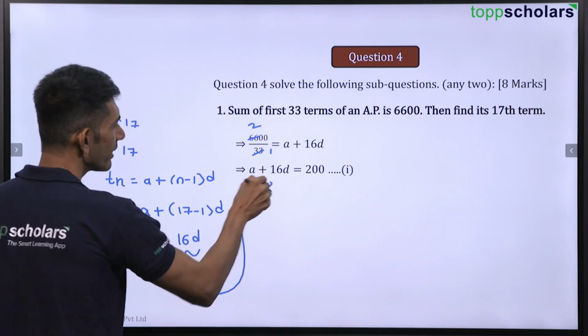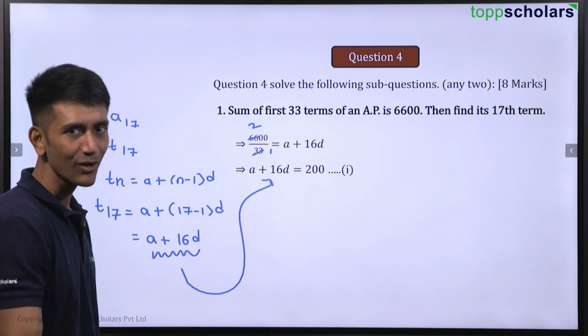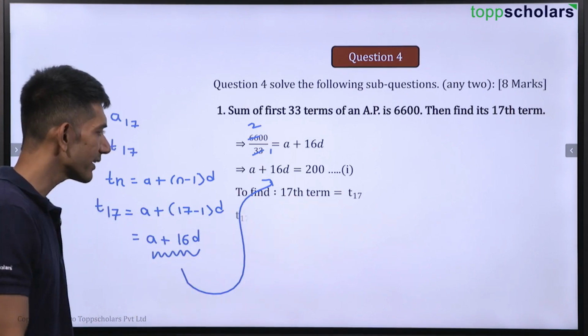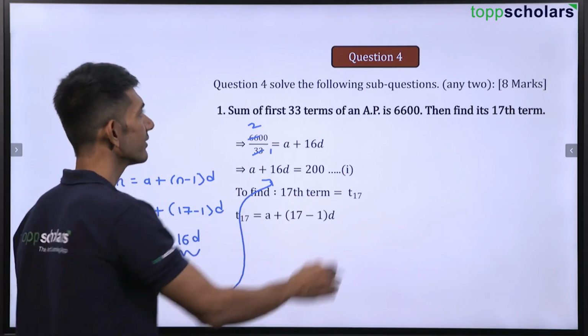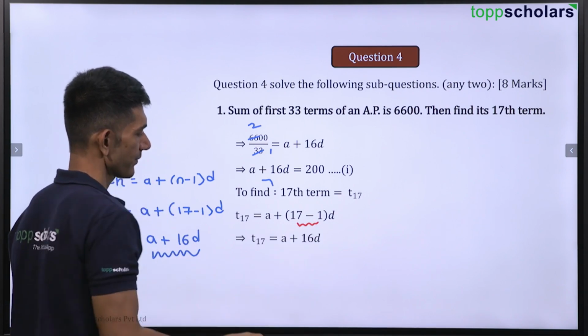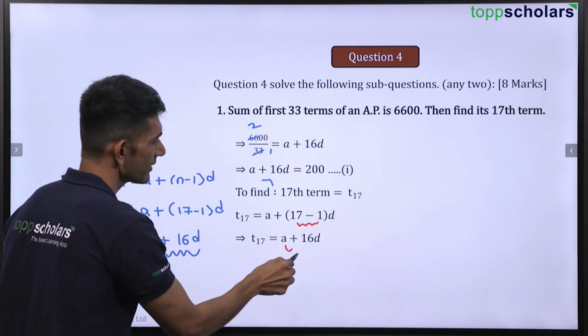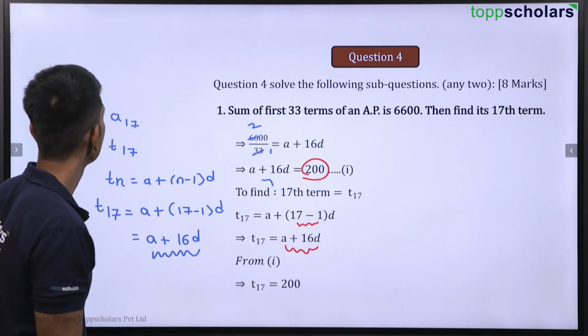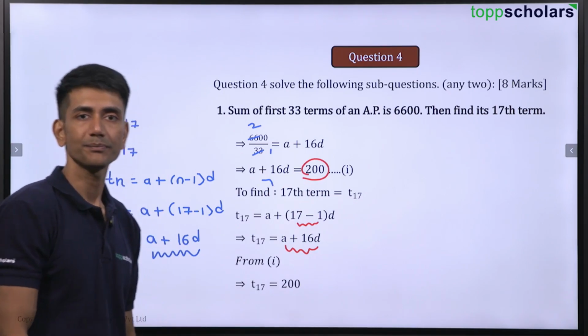But already I have a plus 16d, 200. I got the answer directly, isn't it? We are supposed to find the 17th term. So T17 is a plus 16d, and a plus 16d already is 200. So the 17th term is 200. That's it. Easy question.